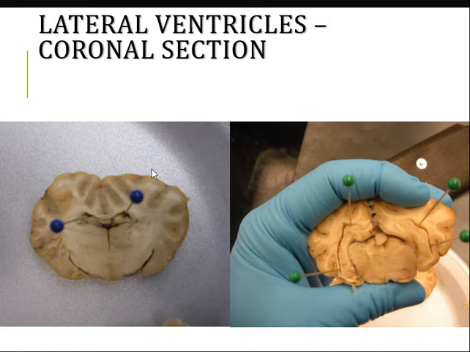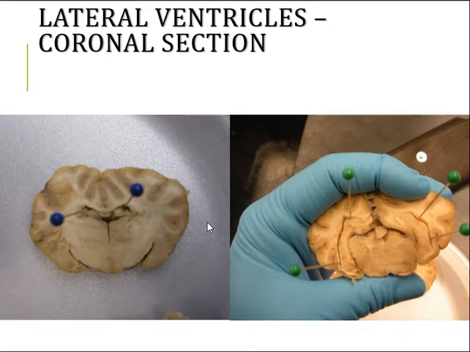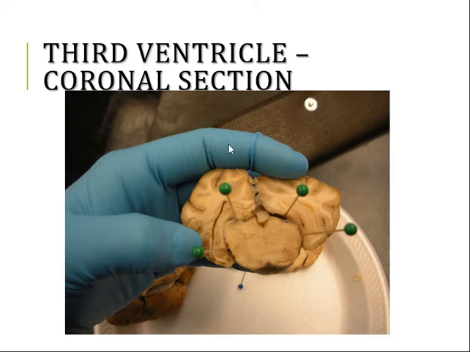They definitely look quite different, but if you can imagine them filled with CSF, then they would be quite large, relatively speaking. And we have our third ventricle in the coronal view, again shown by our green pins here. I think that they kind of surround our midbrain nuclei quite well.